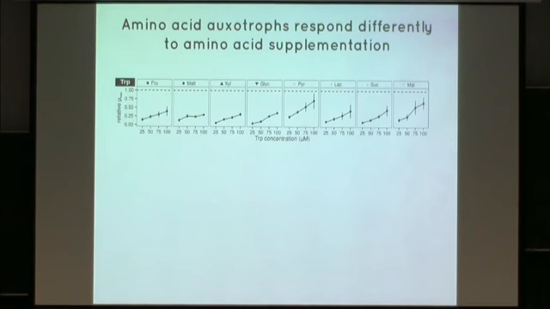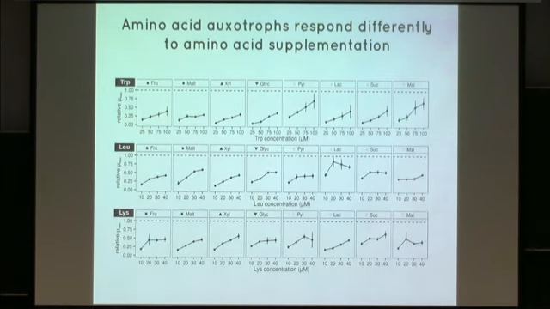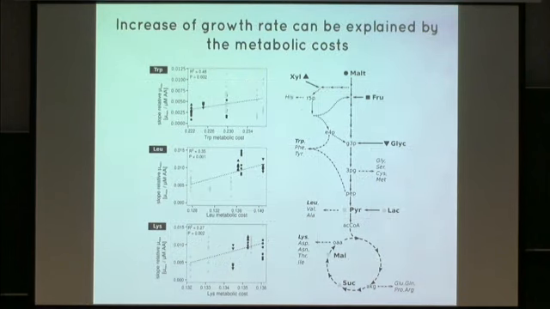So I did this also for other auxotrophic strains like leucine or lysine and also others. For example, leucine has the precursor in the pyruvate metabolism and lysine in the TCA cycle. So they are at very different stages. So now I could measure all these slopes, these increases of these curves, and then compare them with the predictions.